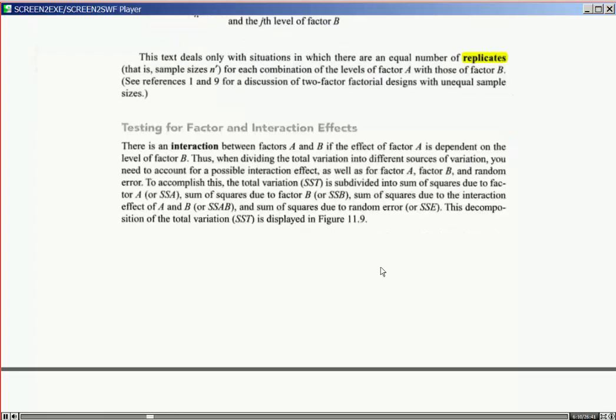Testing for factor and interaction effects. This is a very important term. We're going to be looking at interaction effects.